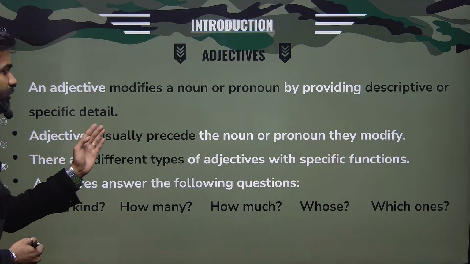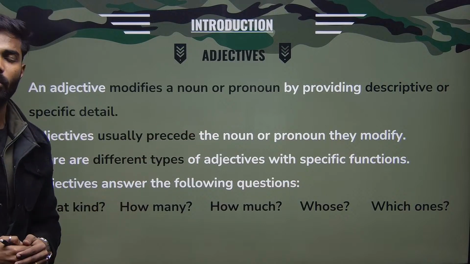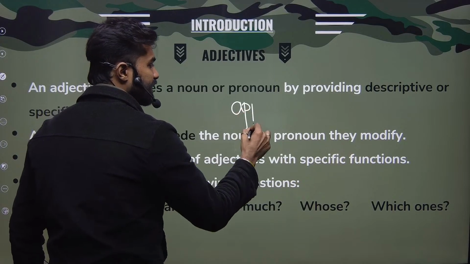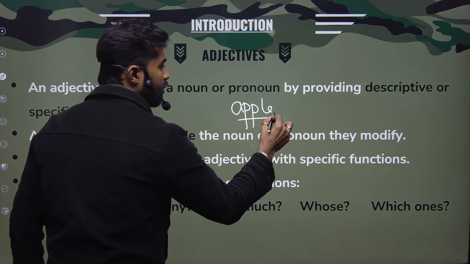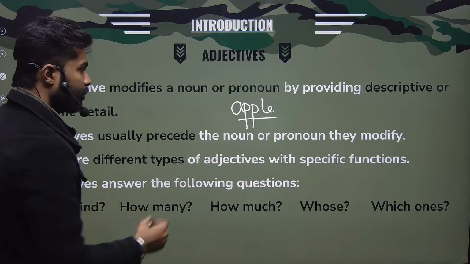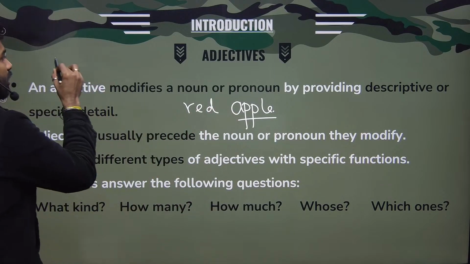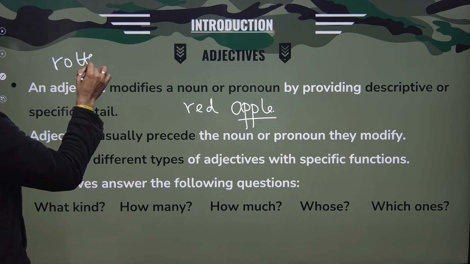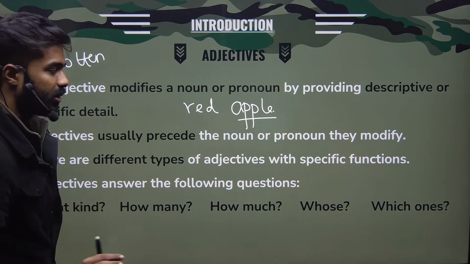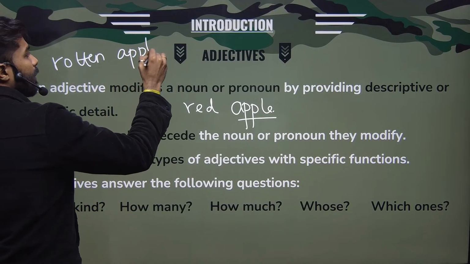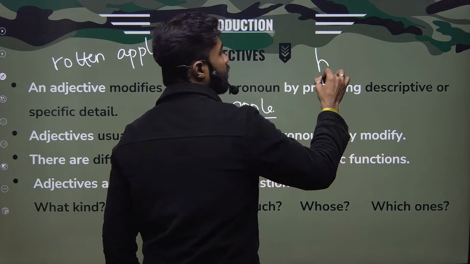Adjectives usually precede the noun or pronoun they modify. How, sir? For example, again, take the same basic example. Apple is my noun. See, red apple, or else rotten. Rotten means spoiled, or decaying. Rotten apple. See here.